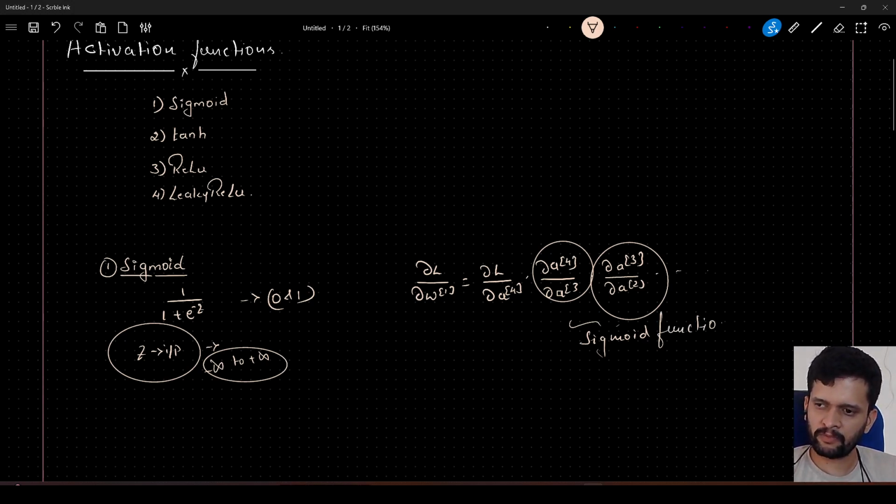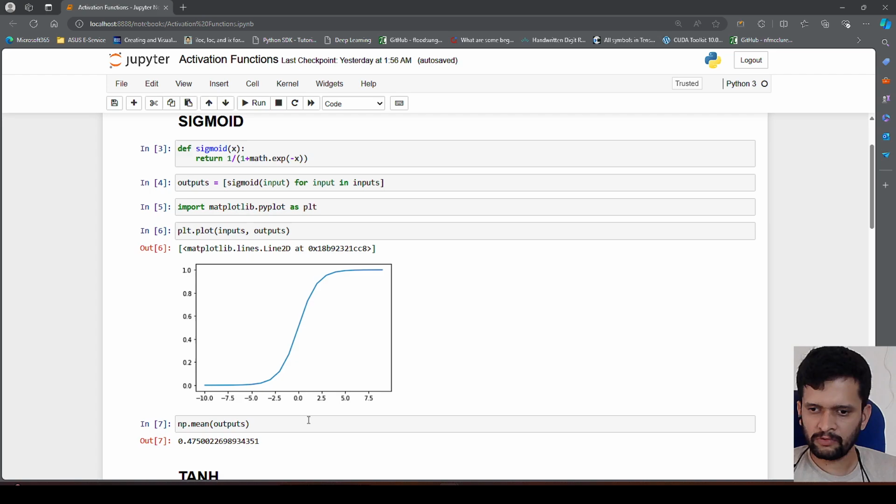Now, if you remember from the video wherein I was explaining the vanishing gradient problem, the derivatives of the sigmoid function will be somewhere between 0 and 0.25. So the minimum value is 0 and the max value is 0.25, right? And for large positive or large negative values of the input, the gradient of the sigmoid function tends to be 0.